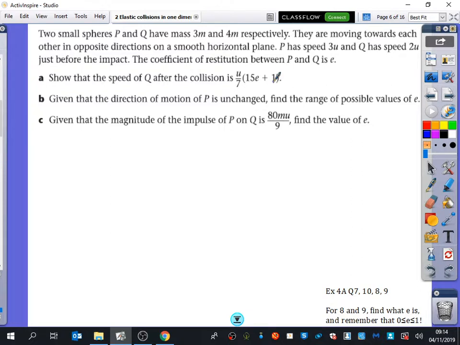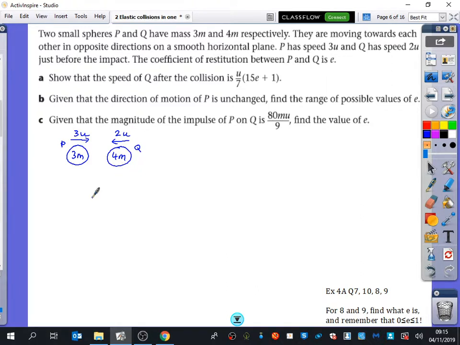Okay, so we're going to just draw out our starting diagram. They told us that the masses of P and Q respectively were 3m and 4m, and that they are moving towards each other in opposite directions. P has a speed of 3u and Q has a speed of 2u.